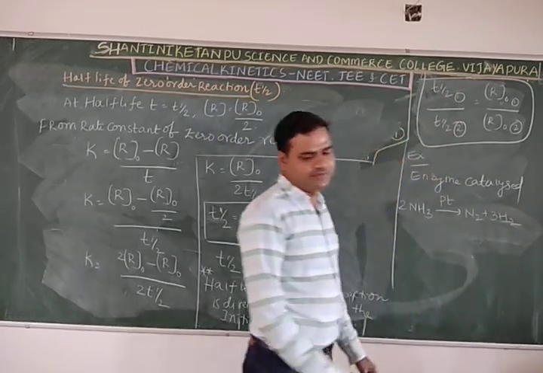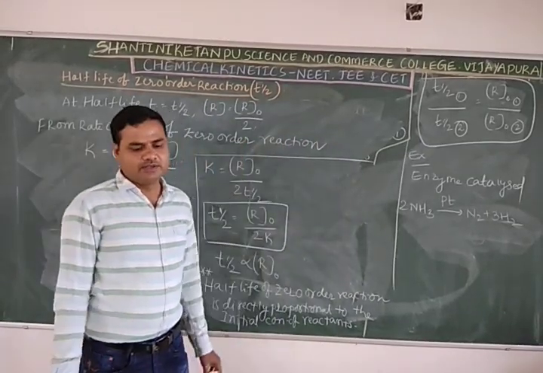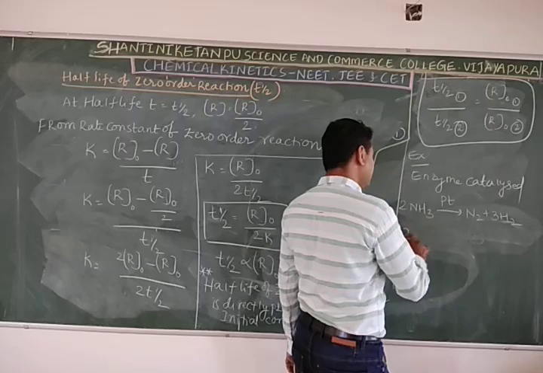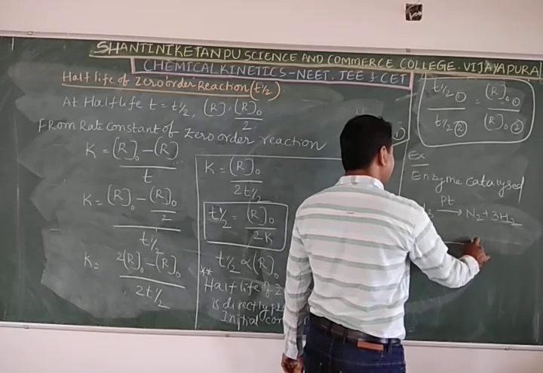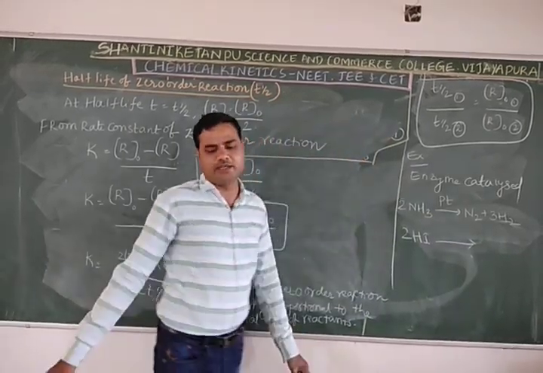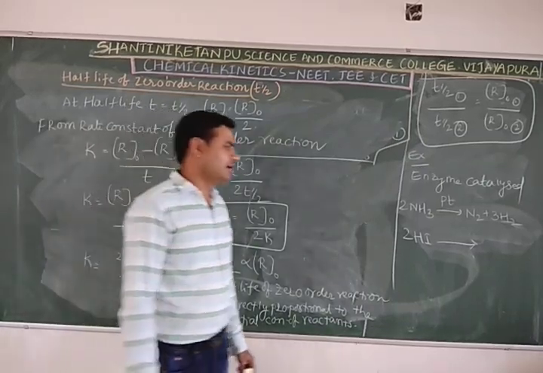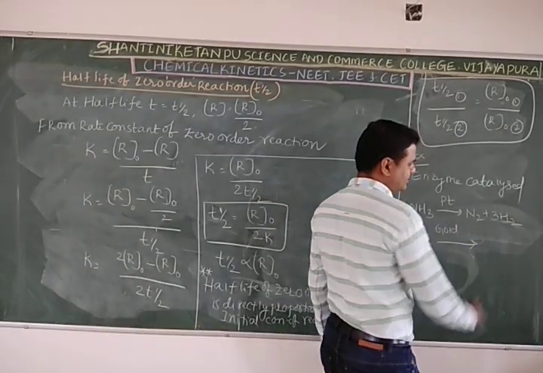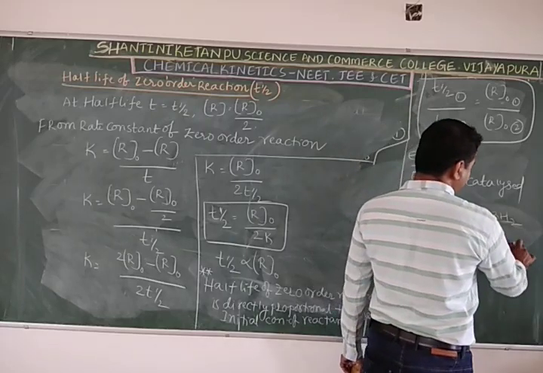Not only this, we have one more example, that is thermal decomposition of hydrogen iodide on a gold surface, and it becomes hydrogen plus iodine.